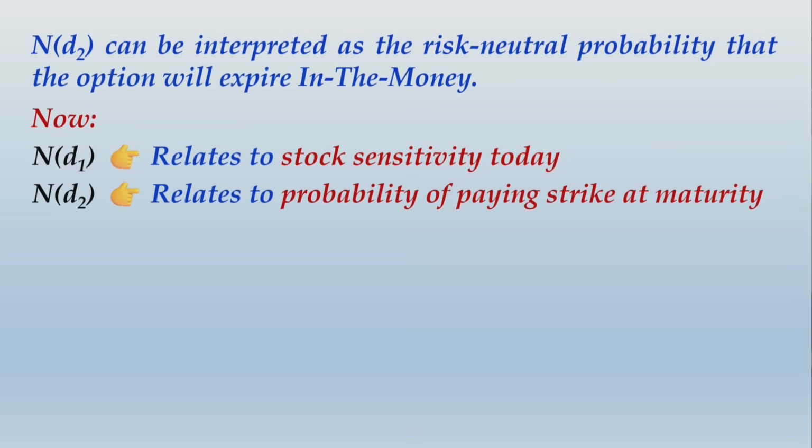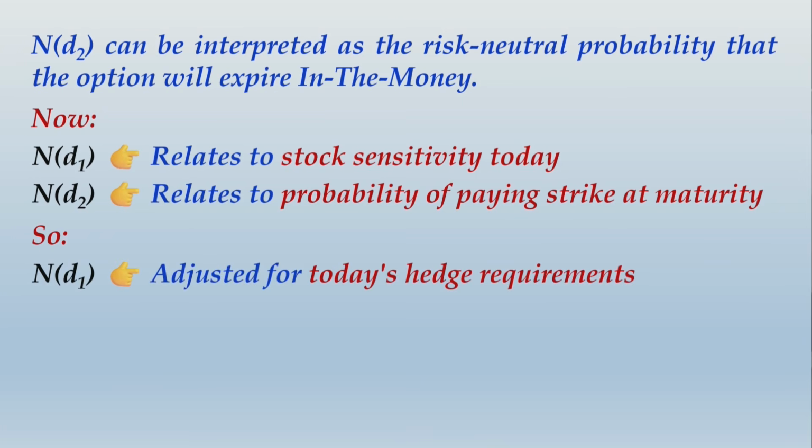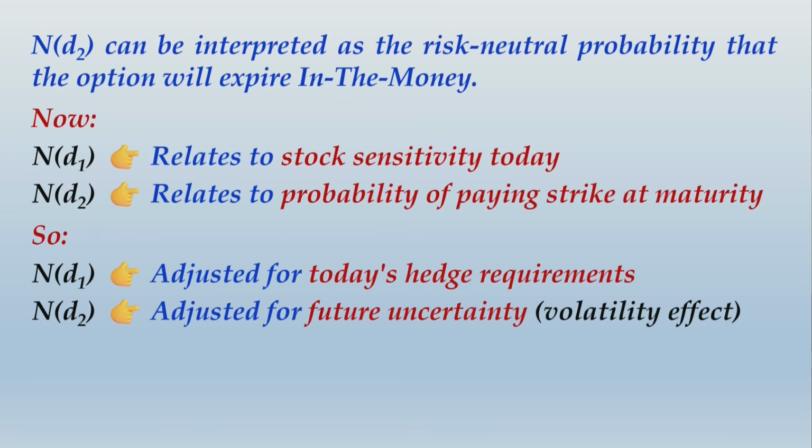N of d2 relates to the probability of paying the strike price at maturity. So N of d1 is adjusted for today's hedge requirements, that is why N of d1 is actually the hedge ratio, and N of d2 is the adjustment for future uncertainty, that is the volatility effect.